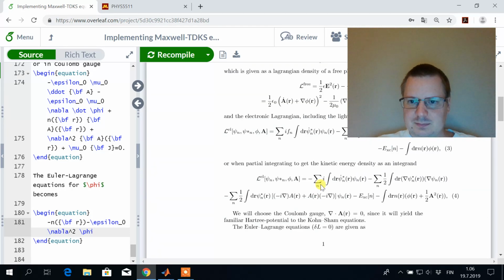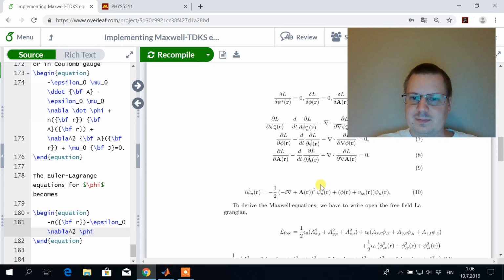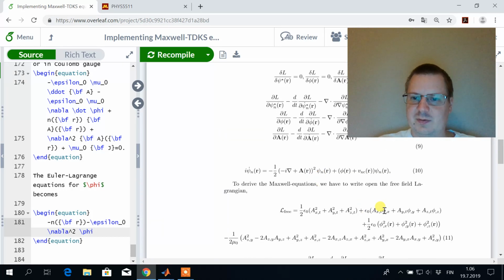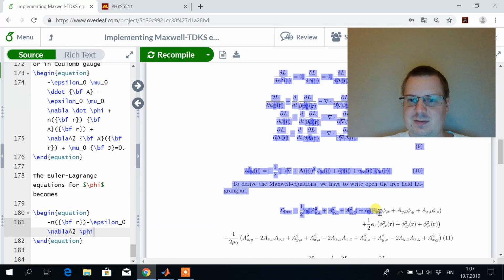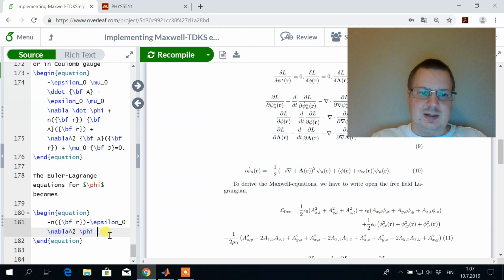And then we will have one more term over here. The derivative with respect to this one yields A(x,t). So that's like minus epsilon 0 nabla dot A-dot.